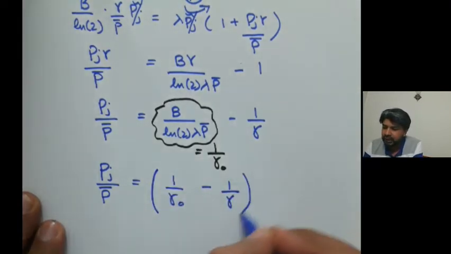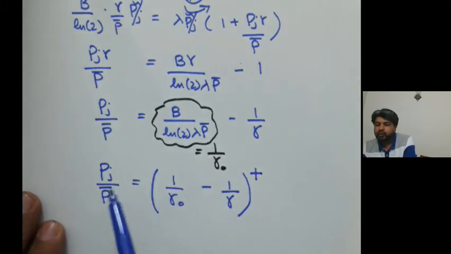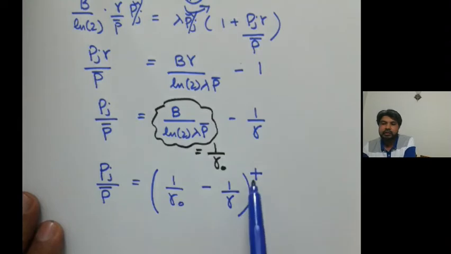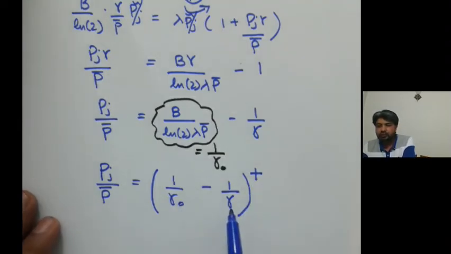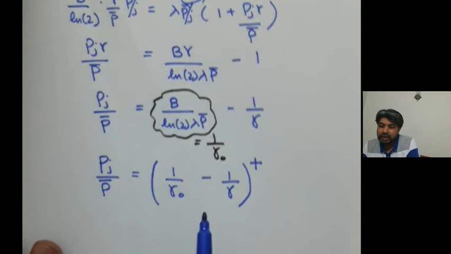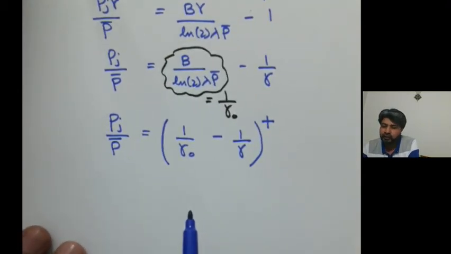You write it in this fashion, and you write a plus here. That means you would give this much power into the channel for the jth state if 1 over gamma naught minus 1 over gamma turns out to be positive. If it turns out to be negative, then you do not put any power in the channel. In order to visualize this, the solution is also called the water filling solution.